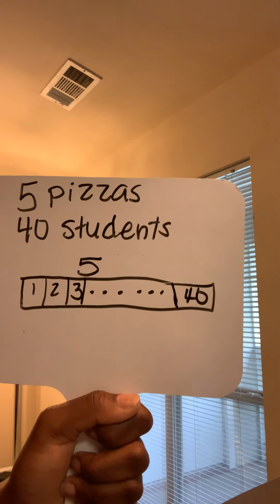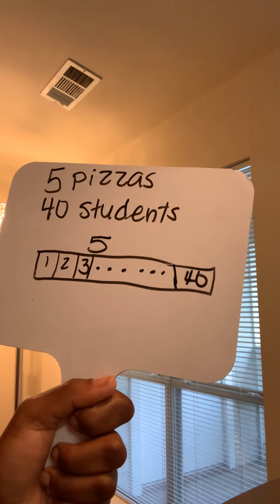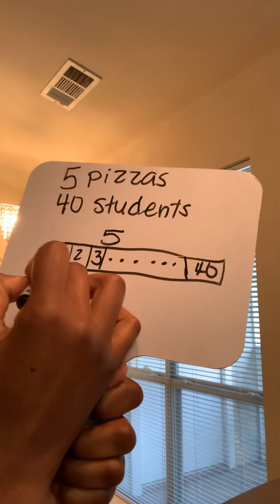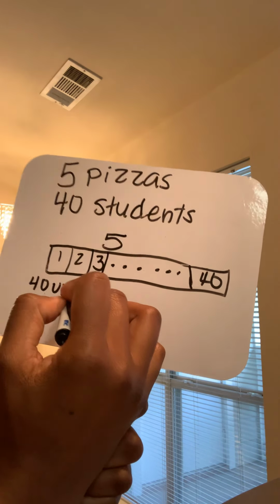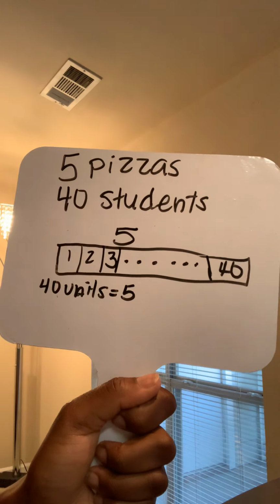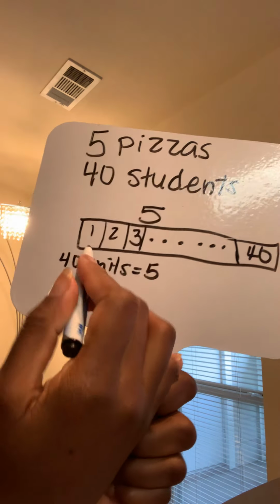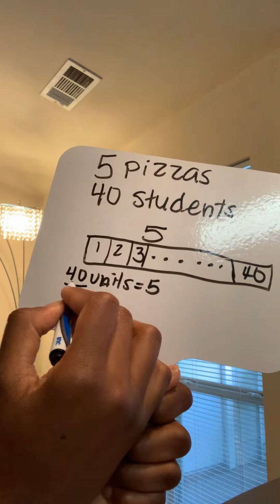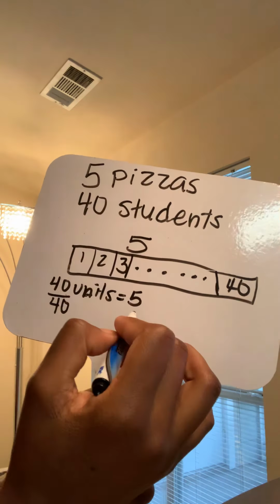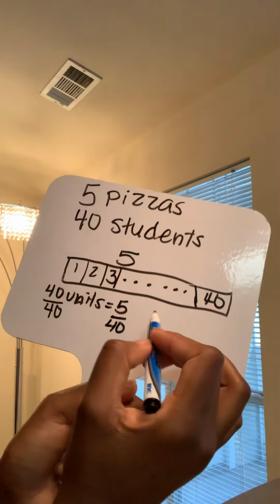So now we're going to move on to that second step, which is writing it out. So we know we've got 40 units, and that's equal to 5. Okay, and that last step, we've got to divide both sides. We know that we've got to divide 40 by 40 to make that a unit of 1. And we've got to divide this side by 40 as well.